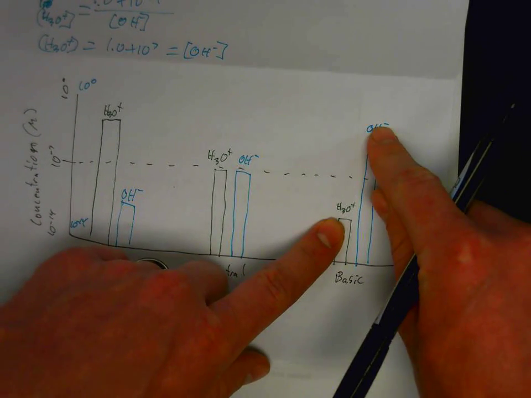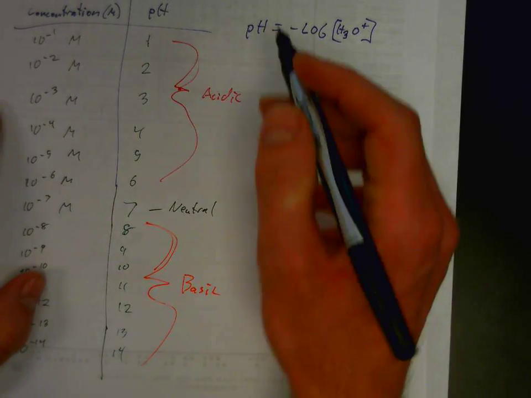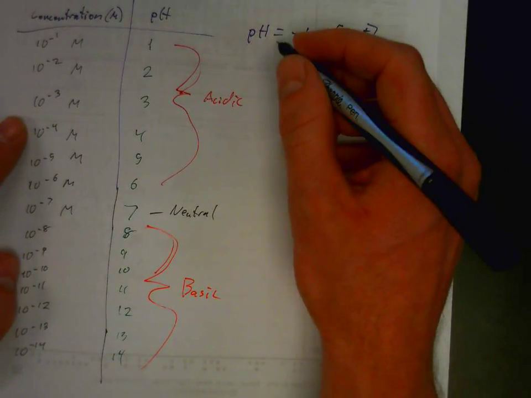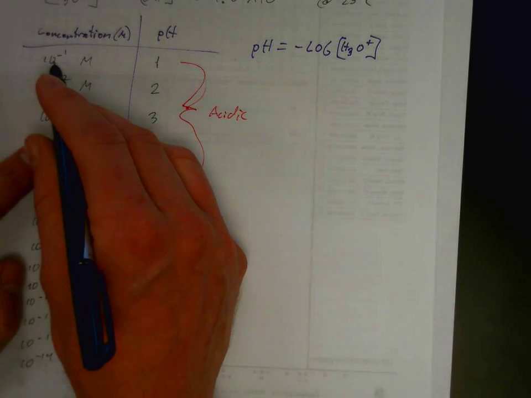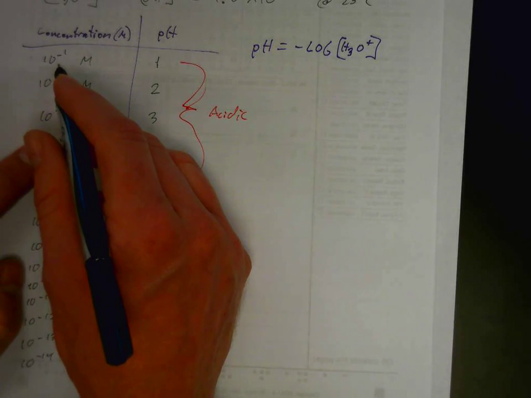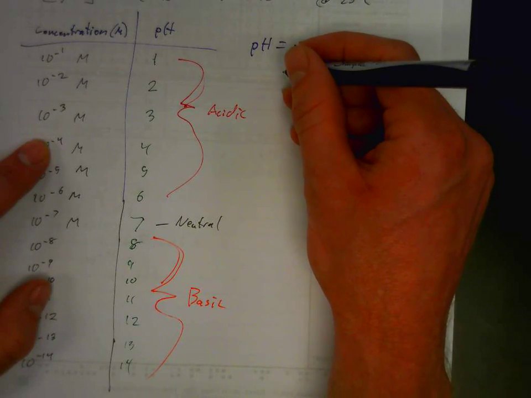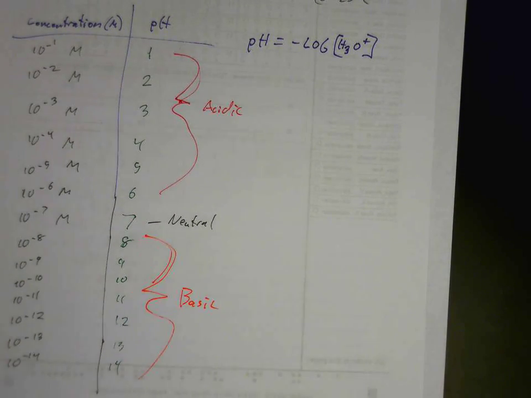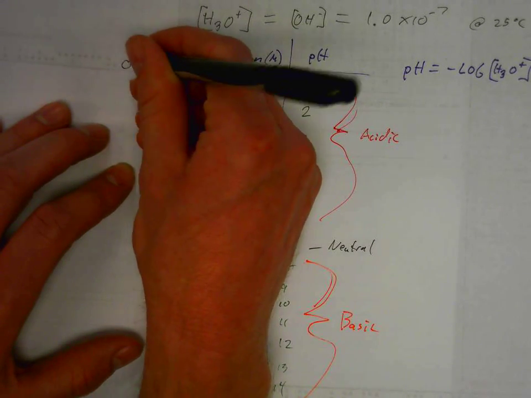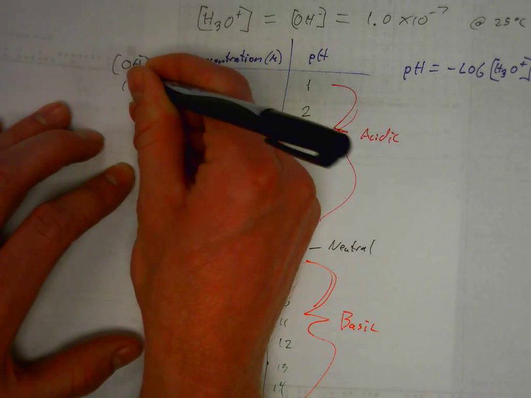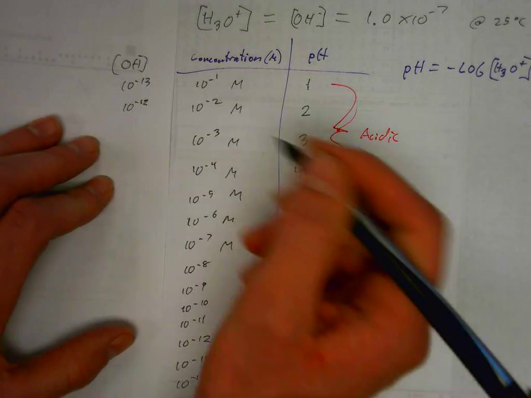So a pH of 1 and a concentration of 10 to the negative 1 molar, that would, for the OH concentration, be 10 to the negative 13. So OH concentration then is 10 to the negative 13th, 10 to the negative 12, 10 to the negative 11, 10 to the negative 10, and so on.